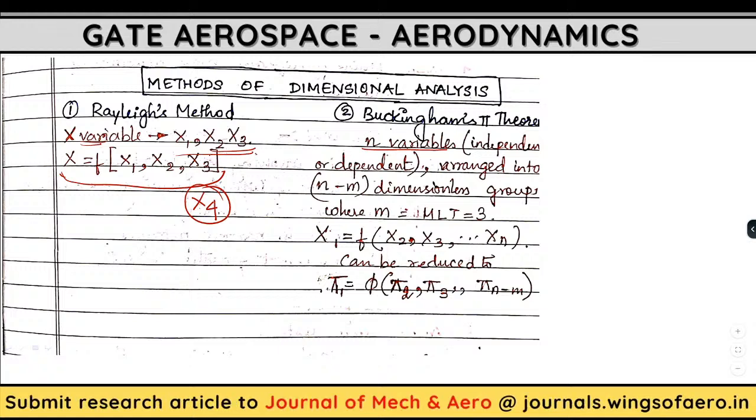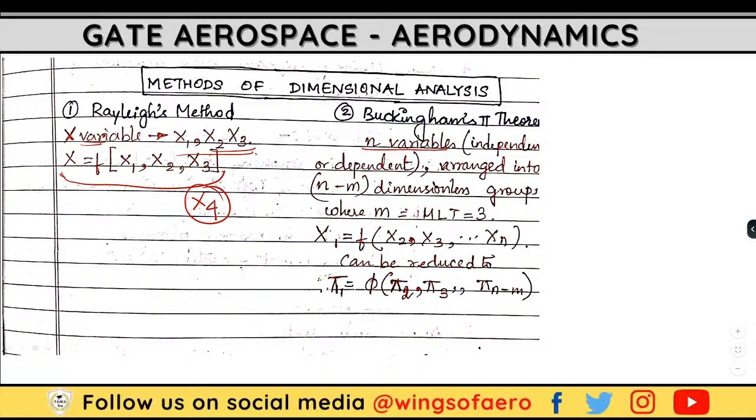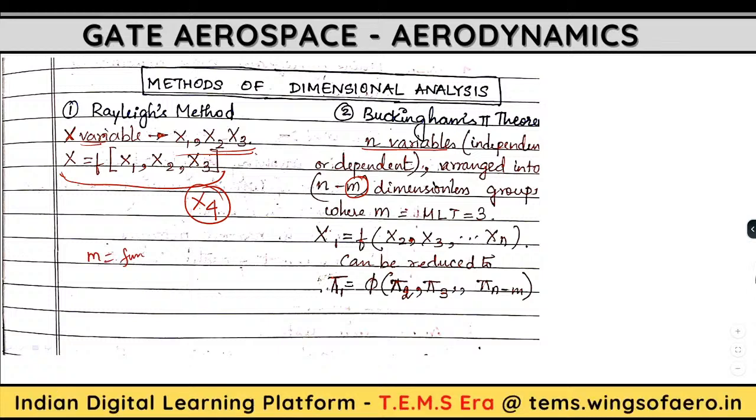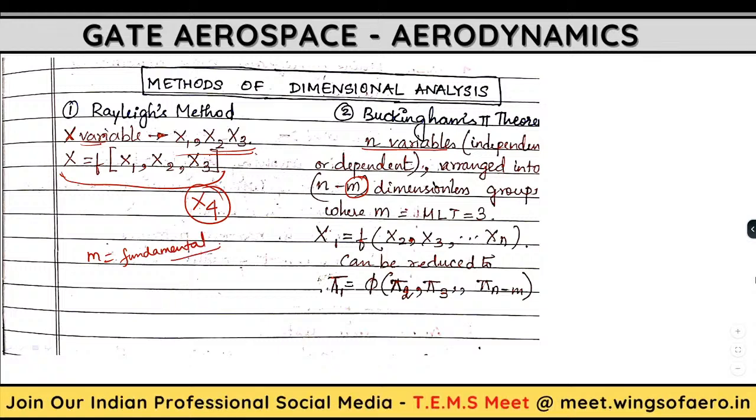So how to arrange these n variables is n minus m. Now what is this m? M is the fundamental dimensions. And what is meant by fundamental dimensions? M, L, and T represent the fundamental dimensions.